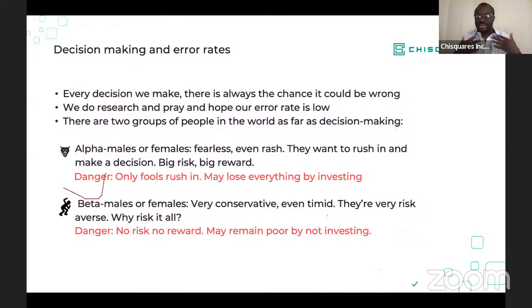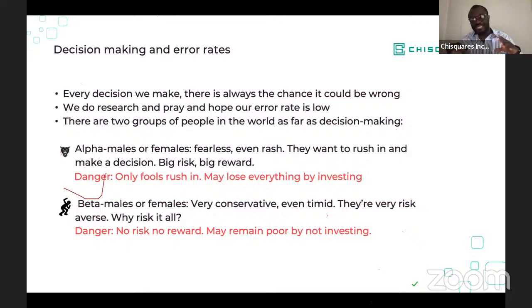So alpha is very frontal and just rushing into everything. Beta is very reserved, very conservative. And by being beta, right, you end up losing out on opportunities because maybe there was an opportunity for you to shine and you just stayed in the background and did not shine, right? So you end up losing on some things because you are not forward enough. So those are two risks.